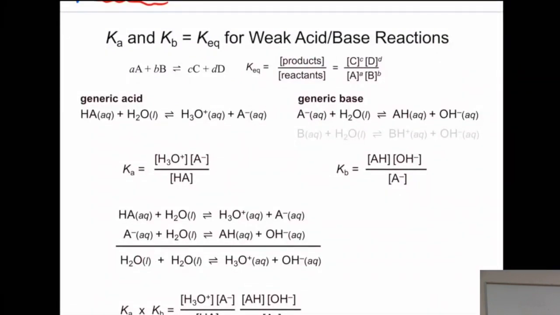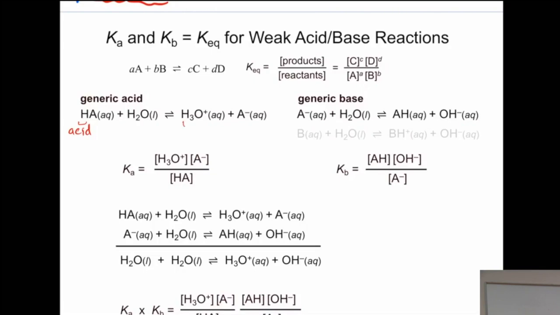Here's your mass action expression. This slide looks very, very similar. And here I have listed generic acid and generic base. So a generic acid we would write as HA. Here's the hydrogen that gets dissociated, and then the A is whatever else is left over. So if this is the acid, then here is what it looks like once it's dissociated.